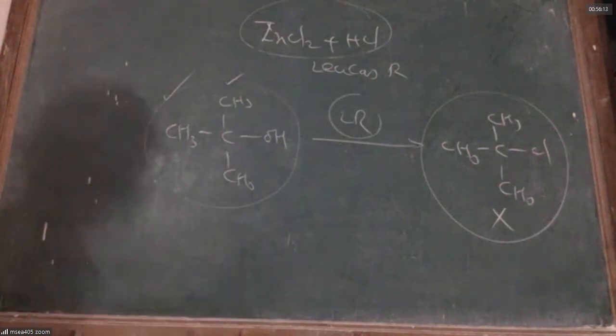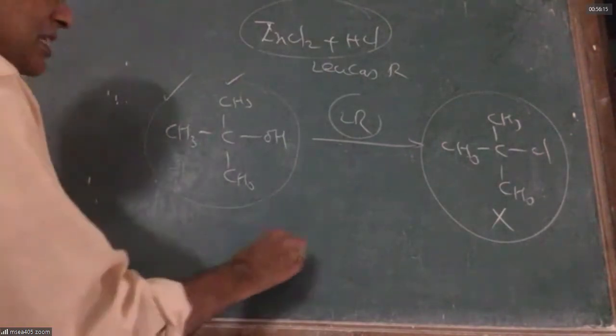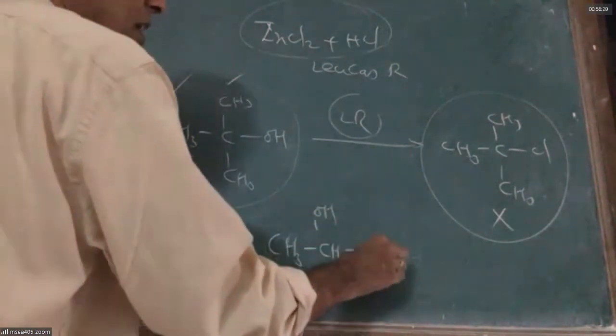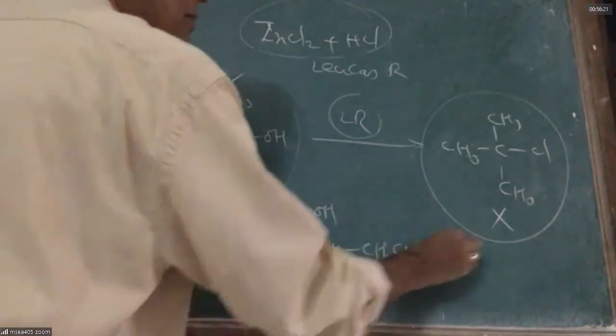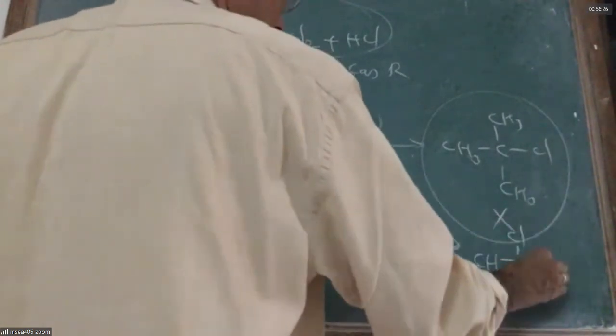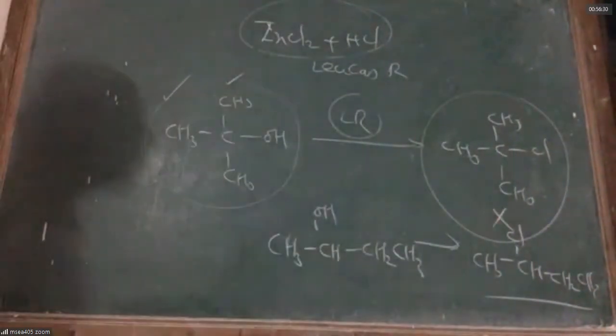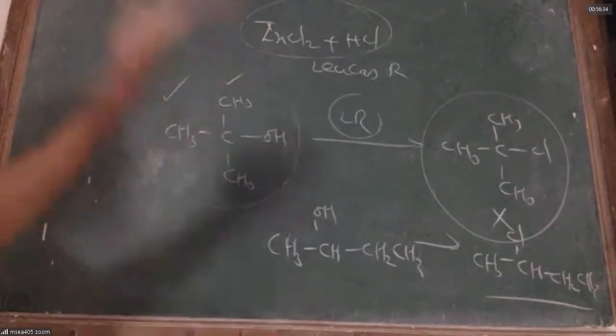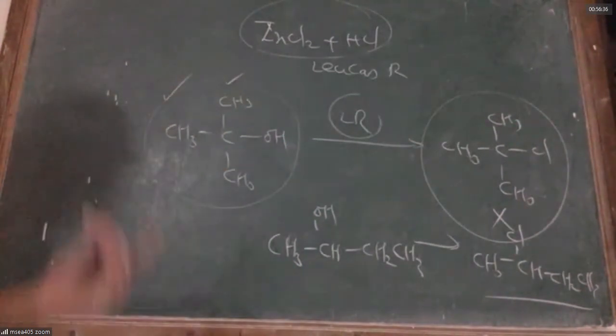If it is a secondary alcohol, when I add a Lucas reagent, in 5 to 10 minutes time, it will make alkyl halide. So within 5 to 10 minutes time, solution will become cloudy. Tertiary alcohol means immediately the solution becomes cloudy. Secondary alcohol means wait for 5 to 10 minutes.